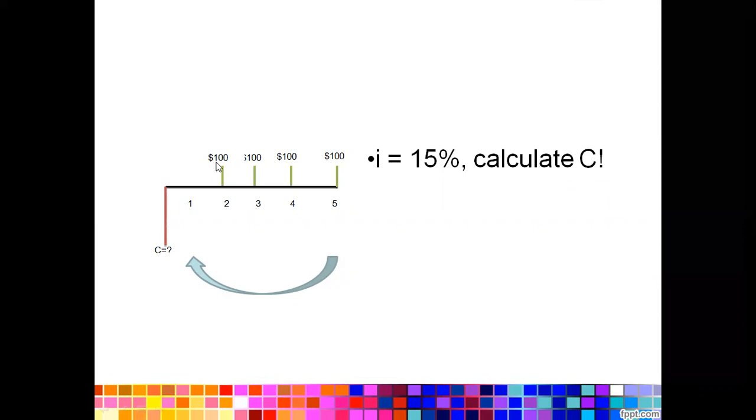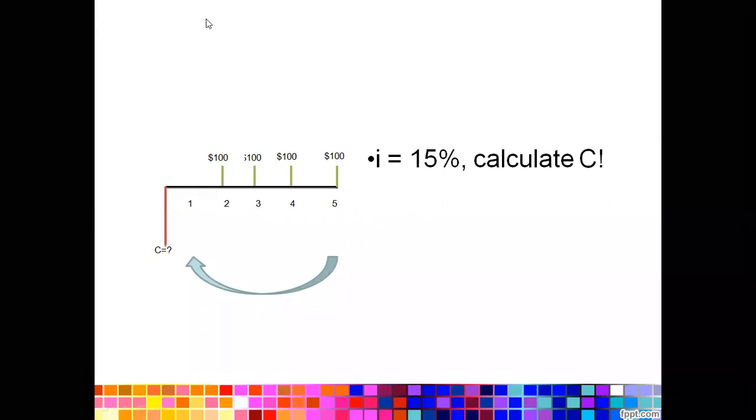Let's say we have constant numbers starting from the second period, and it has regular earnings, because it's located in the positive area. So we have regular earnings starting from the second year, and we want to make an equivalence.